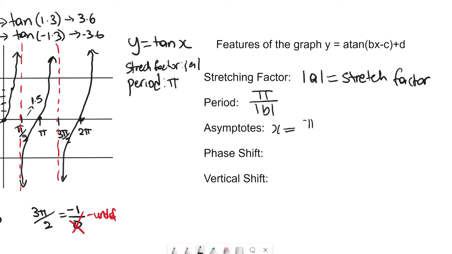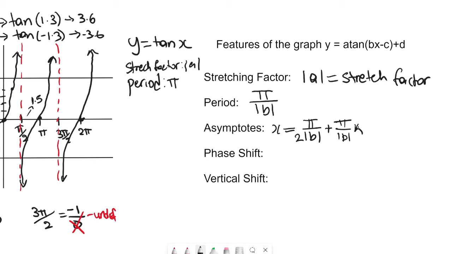It's going to be starting with your phase shift, and we'll look at what the phase shift is. It's pi over 2 times the absolute value of b plus pi divided by the absolute value of b times k.